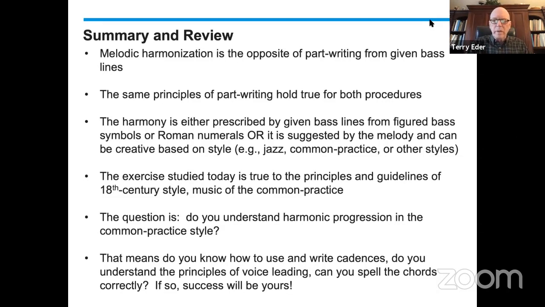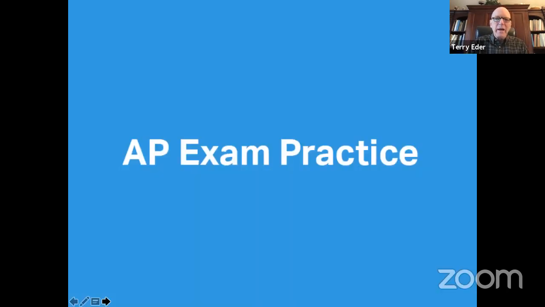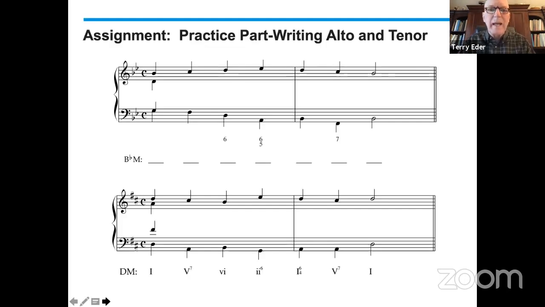So I'm going to give you a couple that you can use to practice. And I've given you the bass line and the soprano line because I want you to practice those alto and tenor parts and try your best to make them as conjunct as possible. And if you can, make them completely conjunct, completely stepwise.